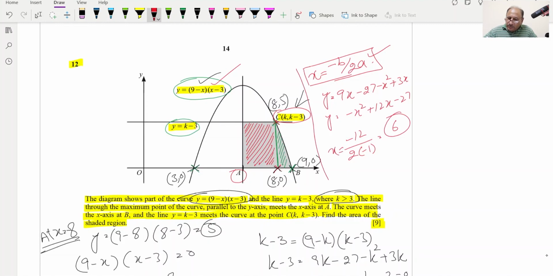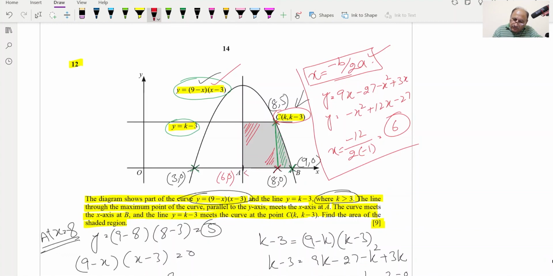We have done this, and x value 6 means what? The coordinates of A will be 6 and 0. We got all the coordinates. Now we can find the rectangle easily. What will be the rectangle detail? If I write inside this one, from 6 to 8, it is 2 units.